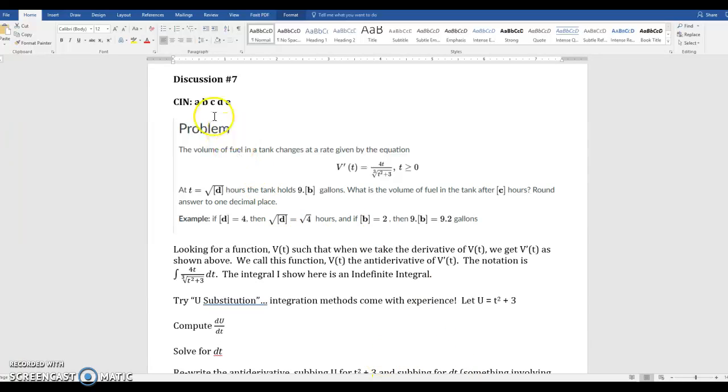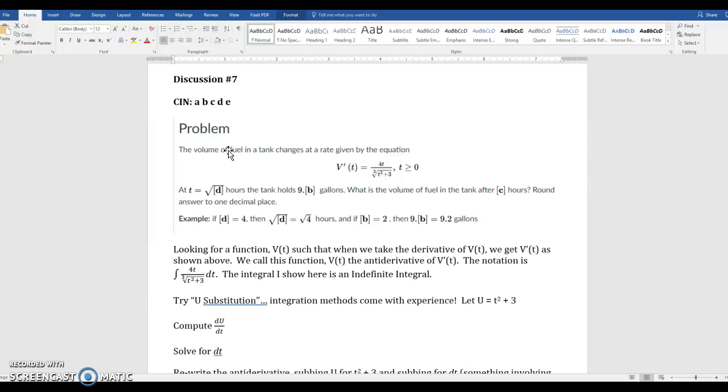Everybody, please make sure you have your calculus identification number ready to go, and we'll start this problem. Let me read through this with you. The volume of fuel in a tank changes at a rate given by the equation. Let me first highlight the fact that this is not a volume function itself.